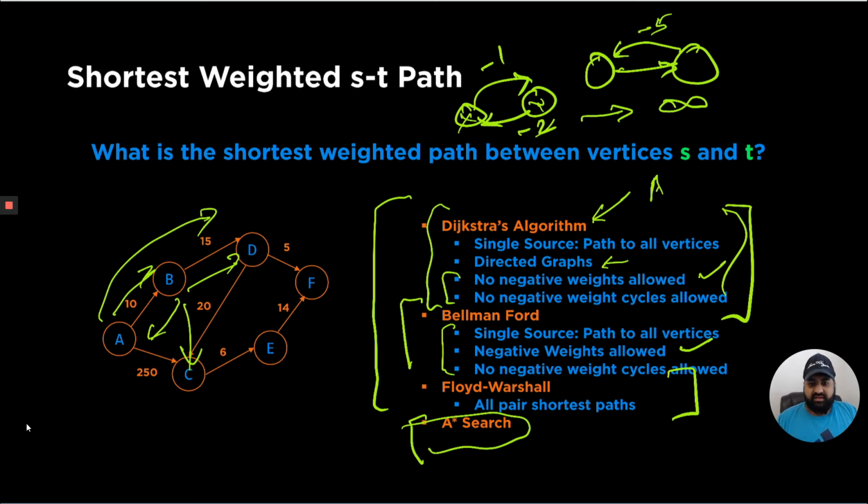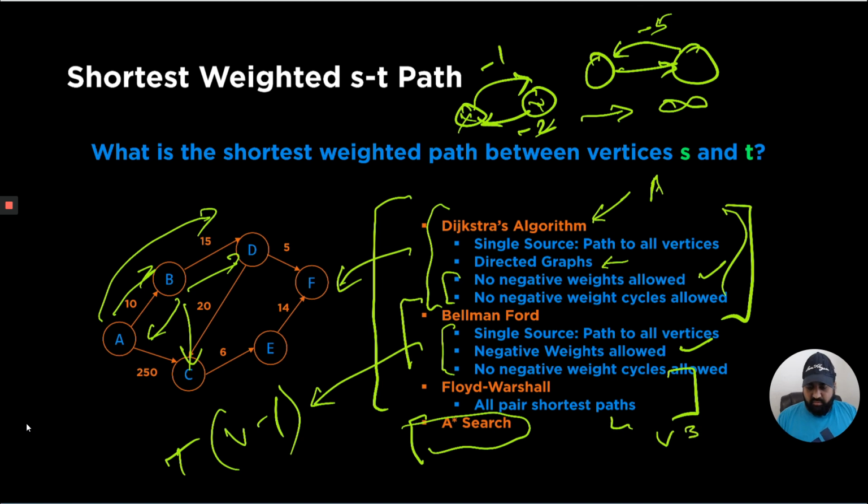Intuitively, Dijkstra's will take the shortest amount of time, followed by Bellman-Ford because you are repeating Dijkstra's v minus one times. Whatever the complexity of Dijkstra's, multiplied by v minus one, is the complexity of Bellman-Ford. And Floyd-Warshall is, I think, on the order of v cubed or v to the power 4. So it costs even more when running this all-pairs shortest path.